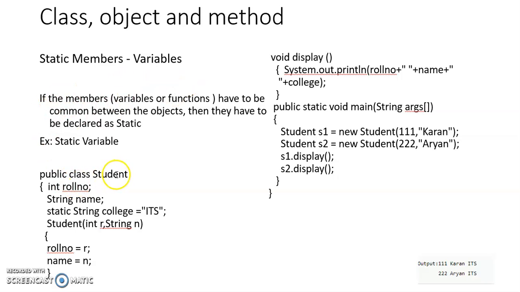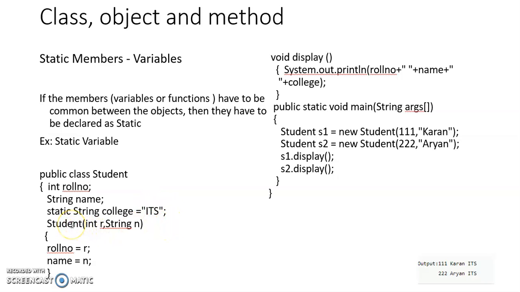You have a class called Student, and this class has a variable roll number, a variable name, and a static string variable college. Now name is of data type string, but nothing is initialized, so it remains like this. But here you have another string variable called college, which is also static, and it's declared as "its" in quotes.